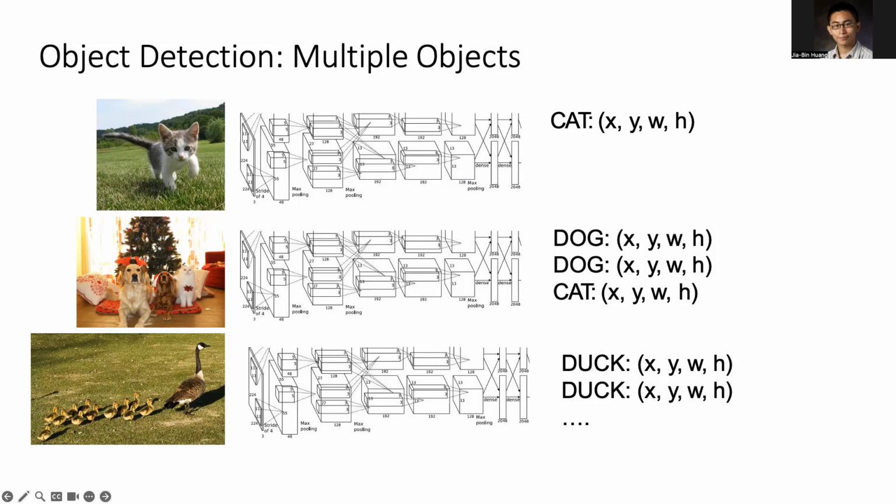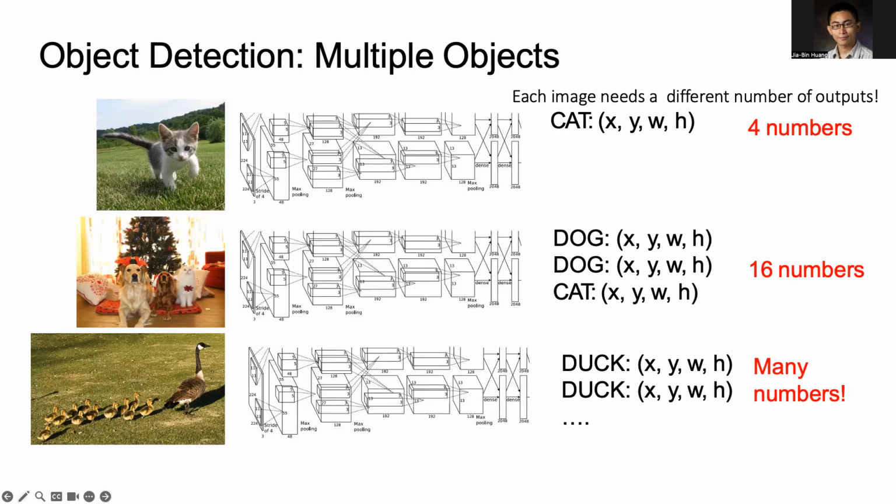Okay, so the main problem is that we need to know how many objects there are. But in practice, we don't know. In this case, for example, if we want to train this model, we need to know that if there is one object, I need to predict 4 numbers. If there are 3 objects, I need to predict this many numbers, and so on.